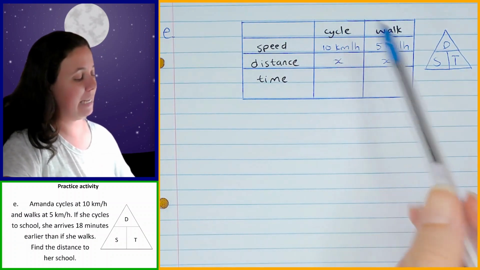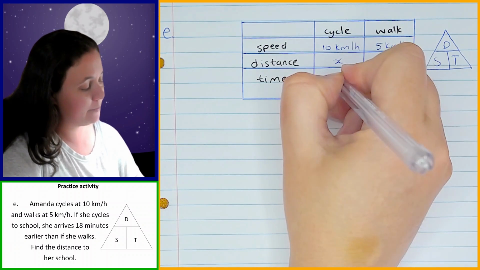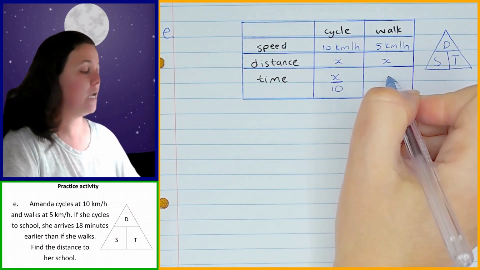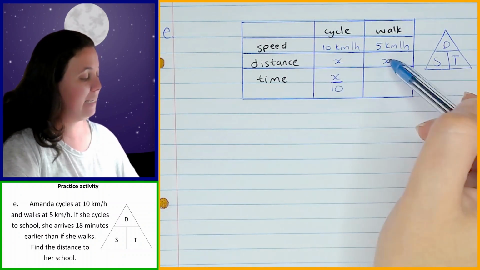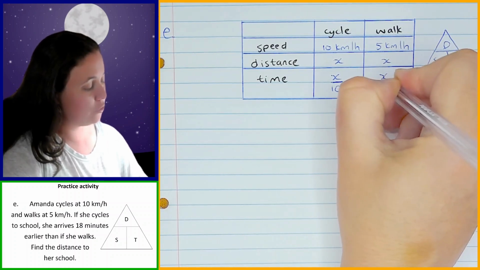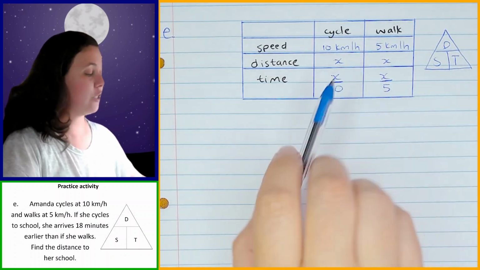The distance is x, so the time will be x over the speed, which is 10. So x over 10. And if she's walking, I do the exact same thing. The time is the distance, x, over the speed, which is 5. So x over 5.